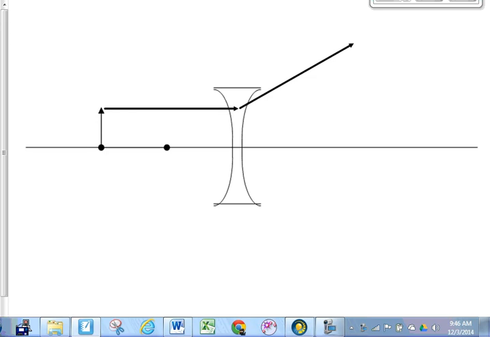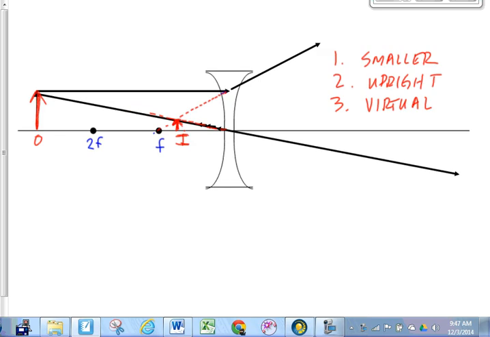The second ray, the top of the object down through the optical center. They don't intersect, so let's extend them, both. This one gets extended backwards like this. This one gets extended backwards like this. Ends up being right there. How does that compare to the one we just did?